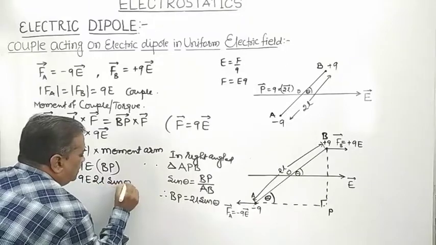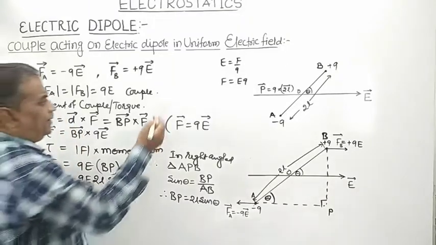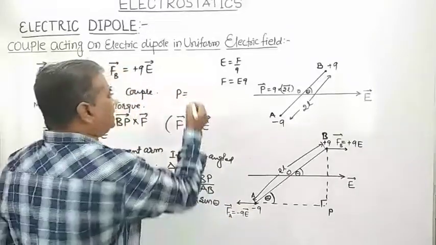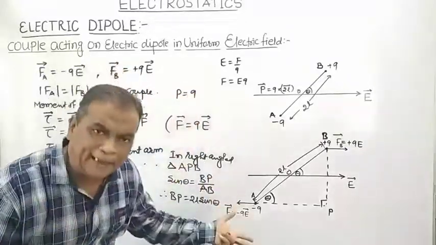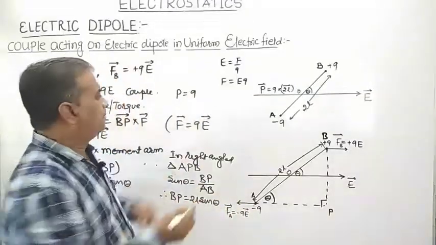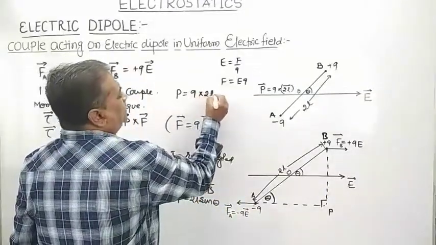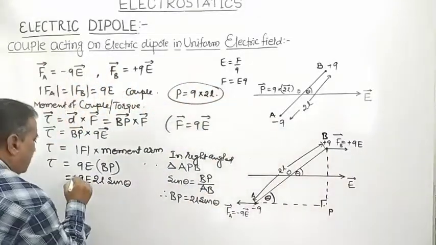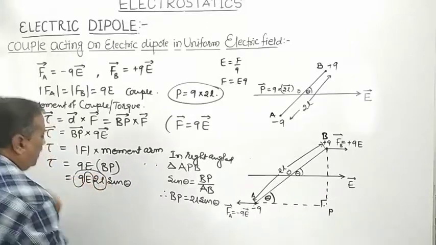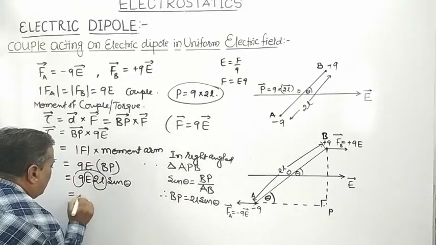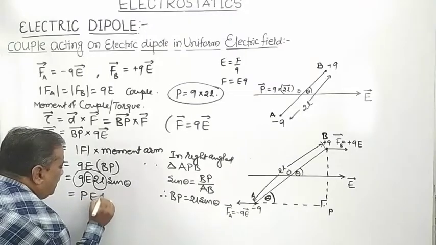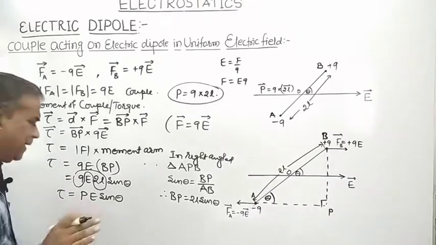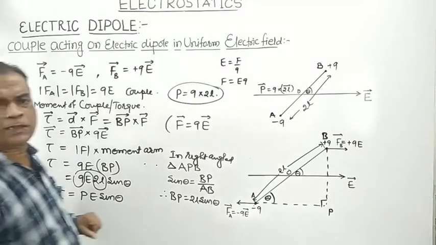2L sine theta. But you know very well that electric dipole moment is defined as the product of the magnitude of either of the charges multiplied by the perpendicular distance between them. So by using P equals Q into 2L, you can replace Q into 2L by P. So this is PE into sine theta. The magnitude of torque is PE sine theta.